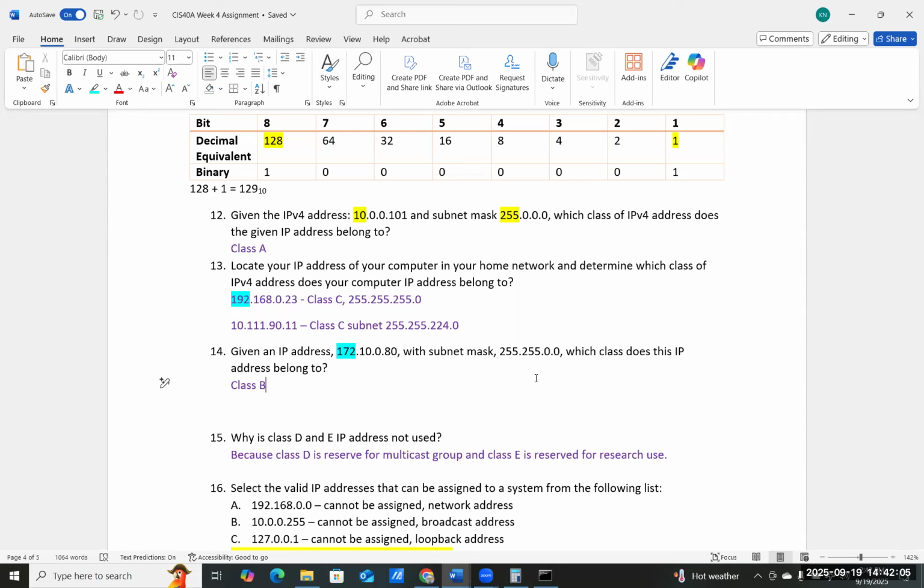And then 15, we know that D is for multicast groups and class E is reserved for research. So we don't use any IP in that range unless that's what you do for a living.